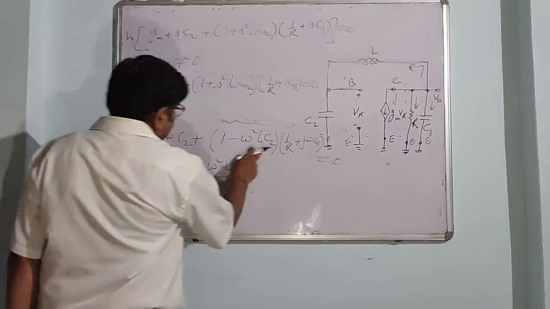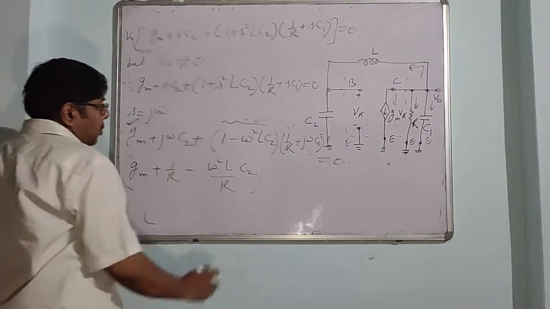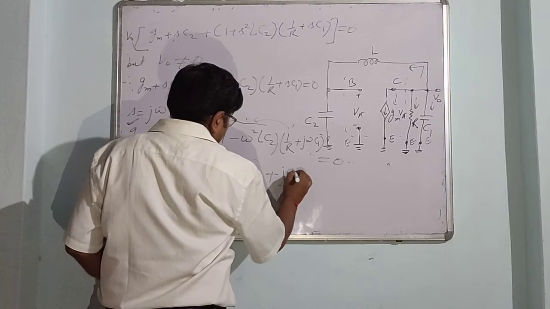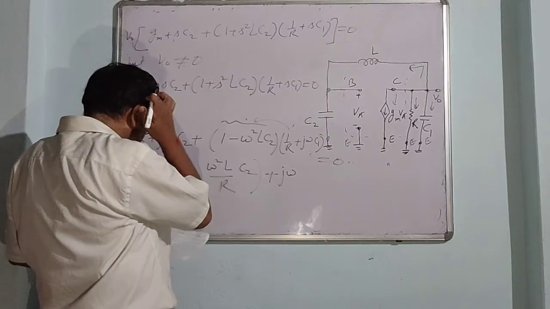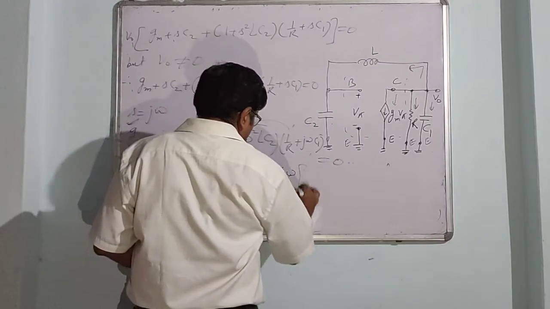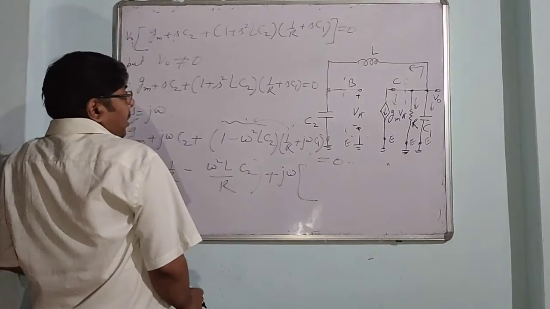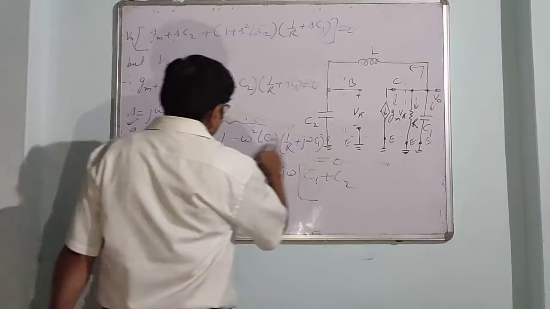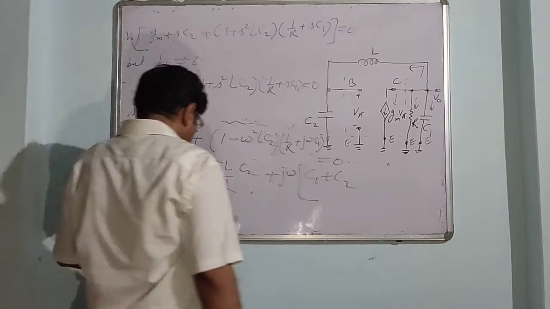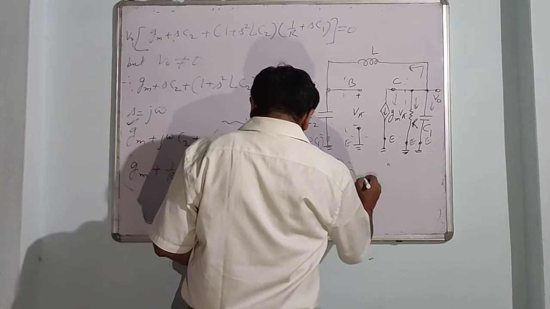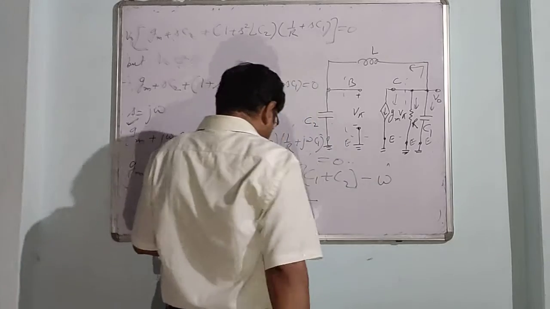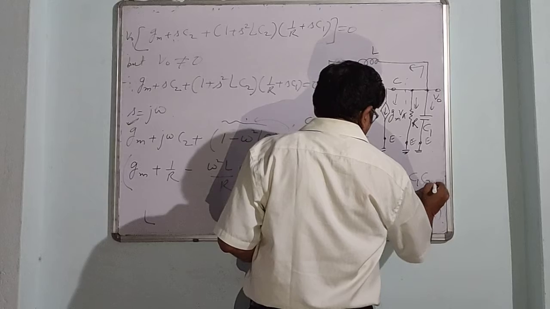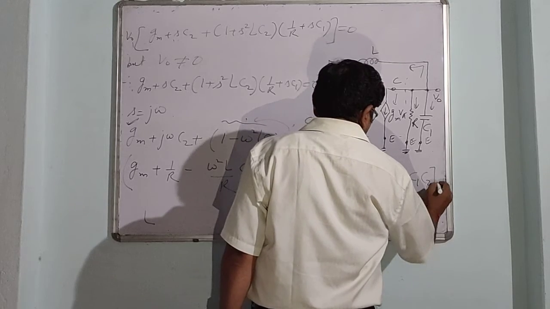j omega C1 multiplied by this and j omega C2. So you can take j omega common. And what are the terms? Here you have C1 plus C2, C1 from here, C2 from here, and another part is minus omega square L C1 C2. This is equal to 0.